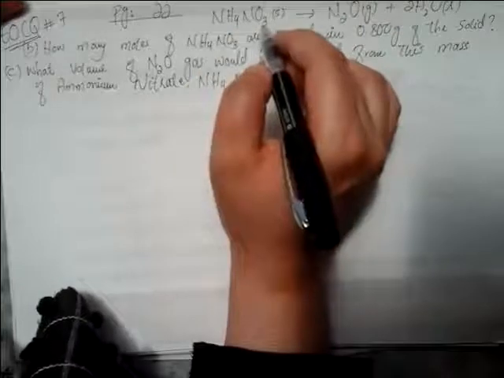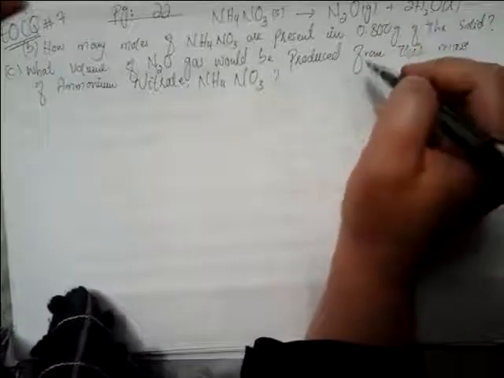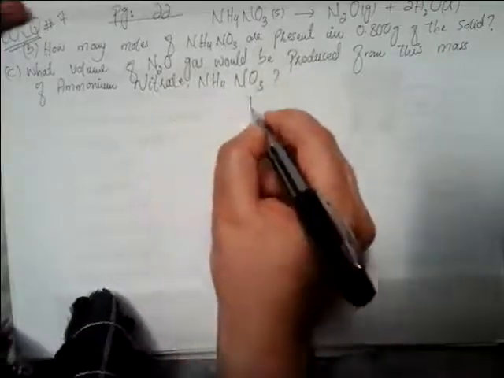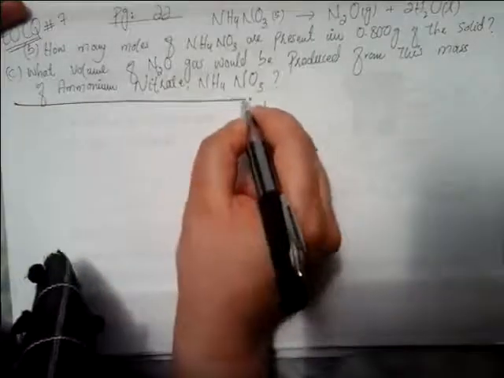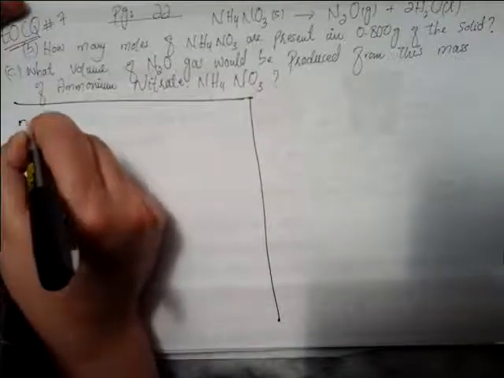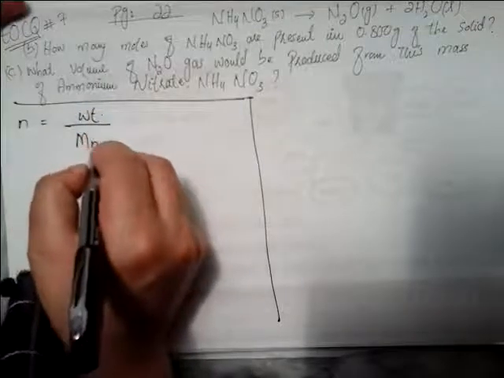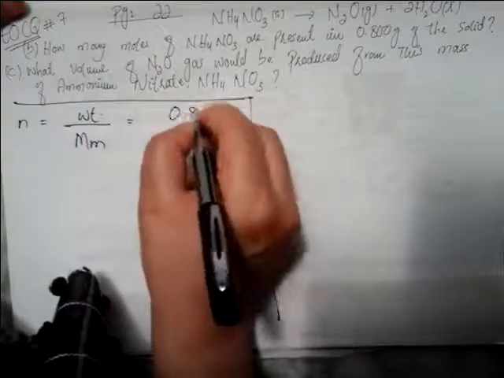Again, another question, number 7. The equation is given: when we heat ammonium nitrate, nitrogen oxide and water are produced. How many moles of ammonium nitrate are present in 0.8 gram of the solid? You need to calculate the moles of ammonium nitrate by dividing the weight of the substance by its molar mass. The weight is given, that is 0.8 gram.